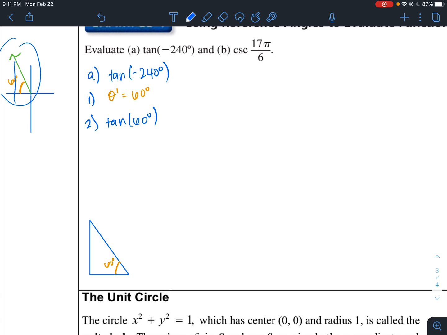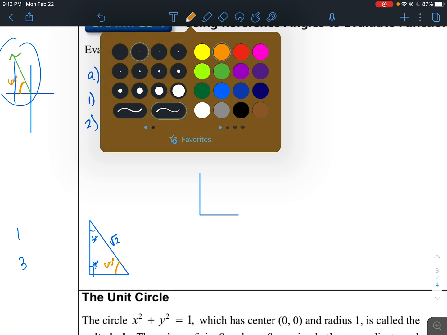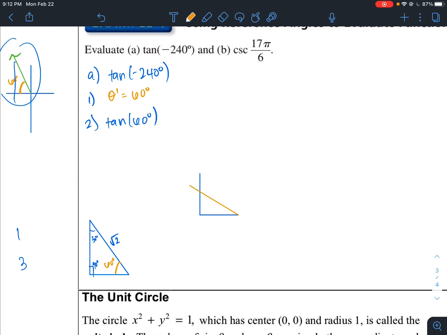remember the ratio. So square root of 2 is always the hypotenuse. So my hypotenuse will be square root of 2. My other possible side lengths are 1 and 3. Now, 60 degrees, this is a 30-degree angle. This is a 90-degree angle. Now, 60 degrees, so here if I have a right angle, and this is my terminal side, 60 degrees creates a longer side over here, right?